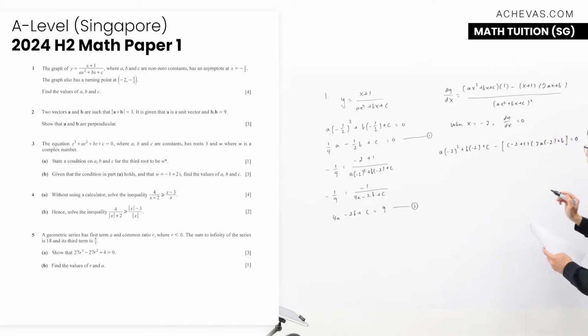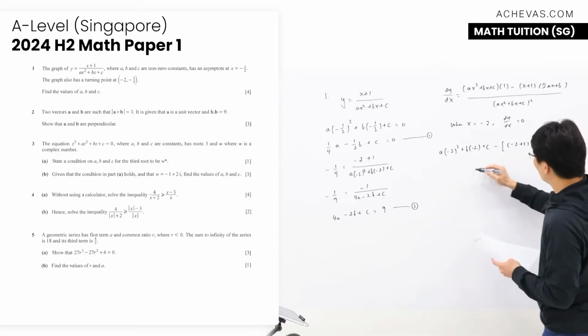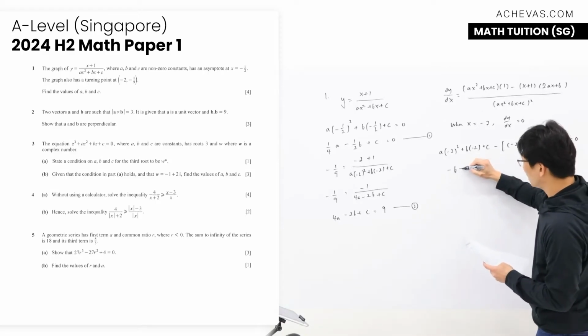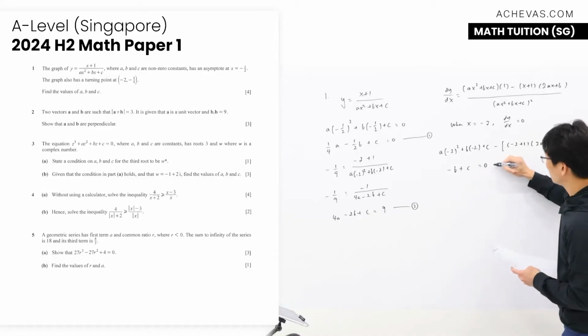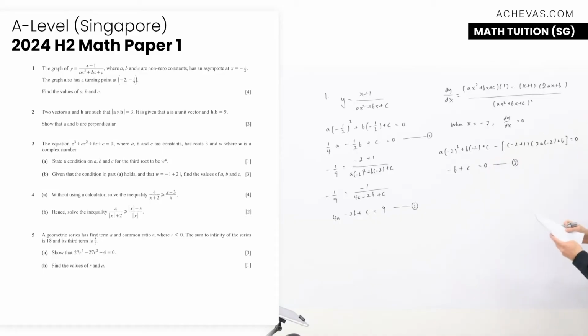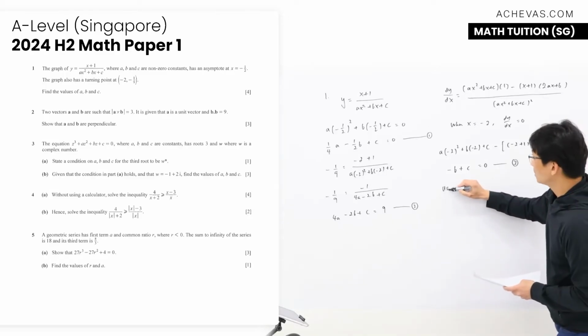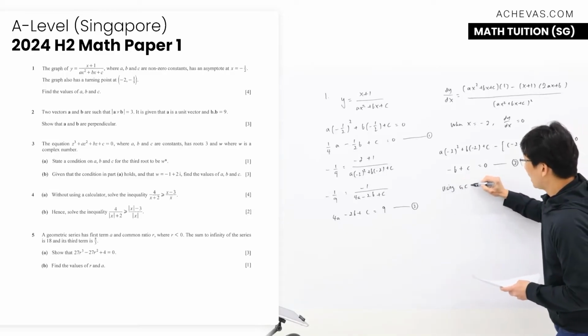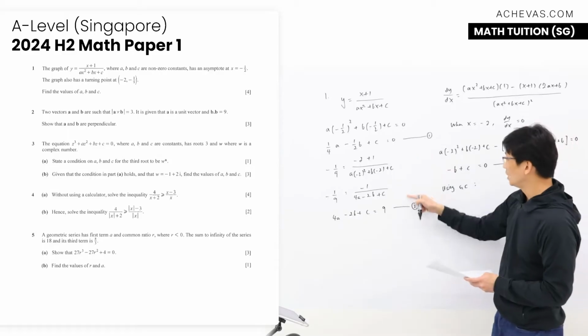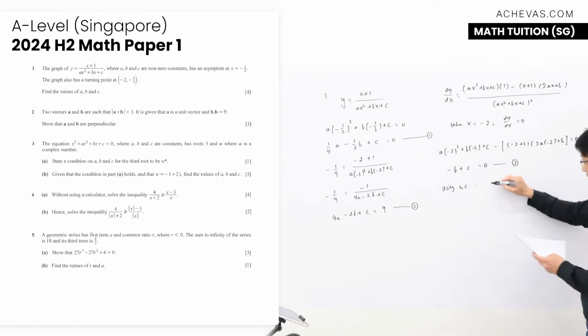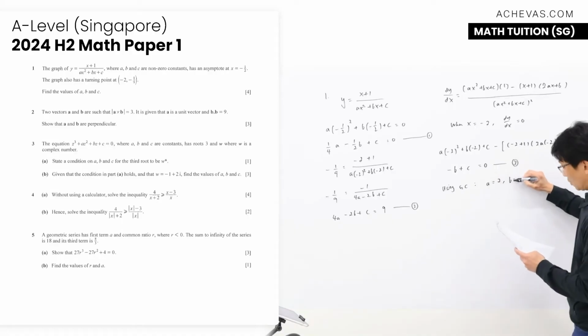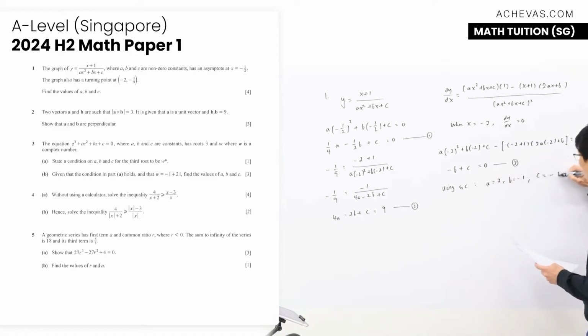I'm ignoring the denominator because when dy/dx is equal to 0, multiplying over to the other side is just equal to 0. And if I simplify this expression here, I will be able to get minus b plus c equal to 0. I call this equation 3. And we can use our GC by plugging these 3 equations into our GC. I can solve the values of a equal to 2, b equal to minus 1, and c equal to minus 1.